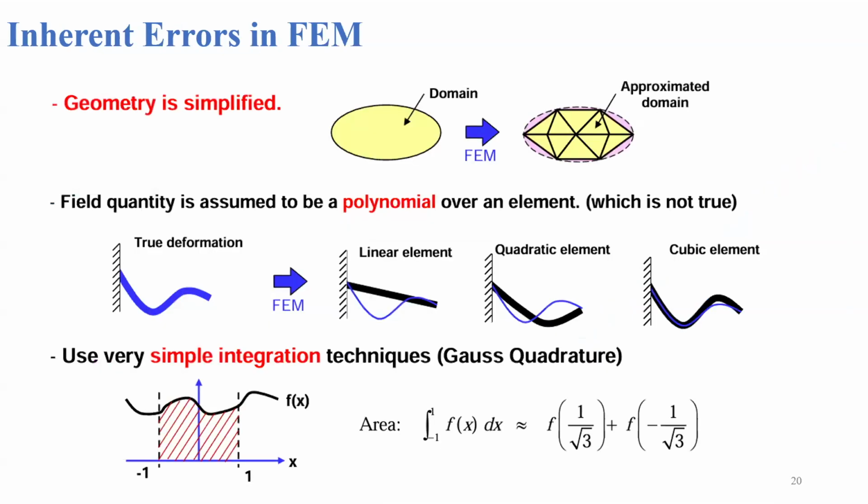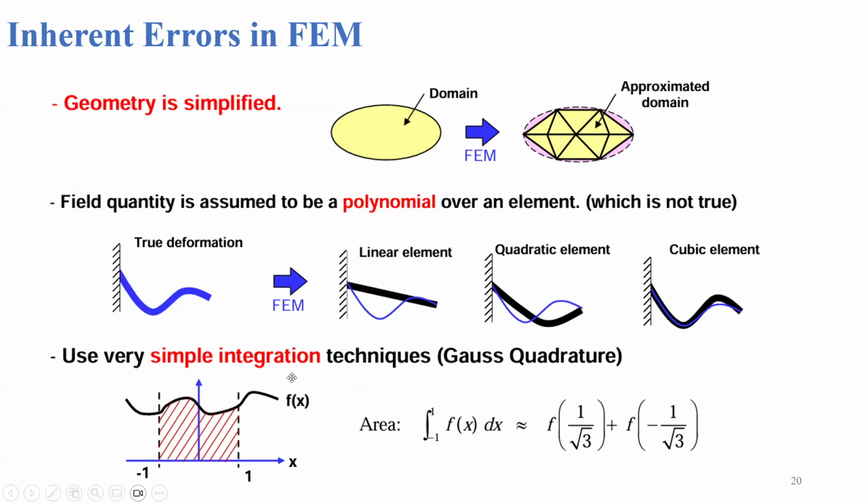Now, let's talk about some inherent errors. As we talked about in the previous module and slides, we are trying to simplify the geometry. So we can take the domain and approximate it, but you might have a true deformation as given on the left, and when you try to model it with finite elements, a linear element may not be suitable, or even a quadratic element, and then you might need something like a cubic element.